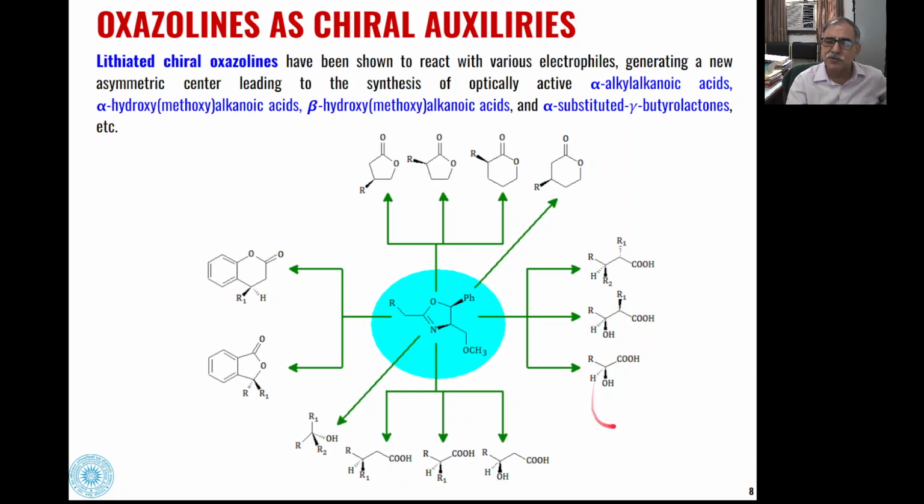Similarly, we can synthesize beta hydroxy methoxyalkanoic acids and other types of beta substituted carboxylic acids. They can also be synthesized. Similarly, we can synthesize alpha substituted gamma butyrolactones from different types of substrates, and similarly these types of lactones can also be synthesized.